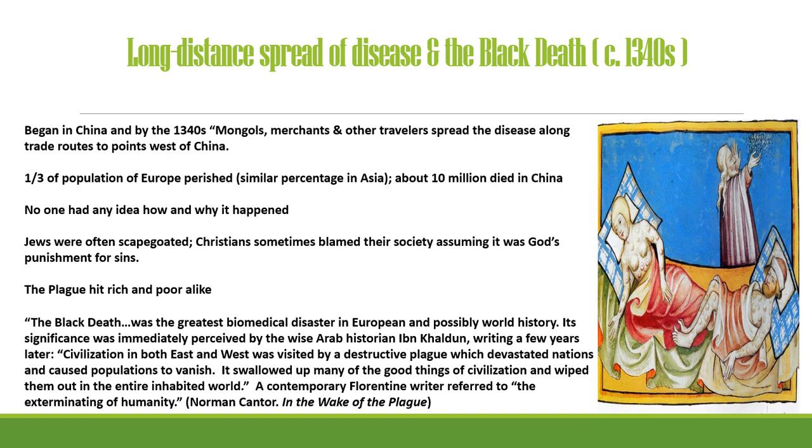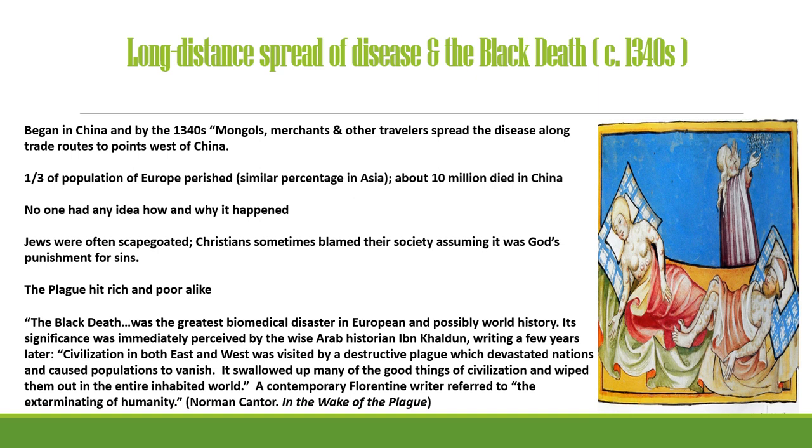If you're interested in the Black Death, the bubonic plague, In the Wake of the Plague by Norman Cantor is the best book to read. It's a short book. It's a fairly easy read, and it's utterly fascinating. And he says in that book, the Black Death was the greatest biomedical disaster in European and possibly world history.